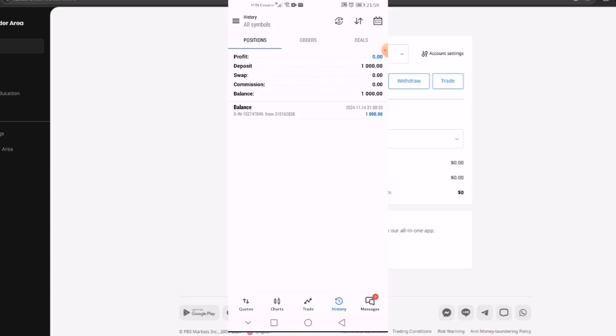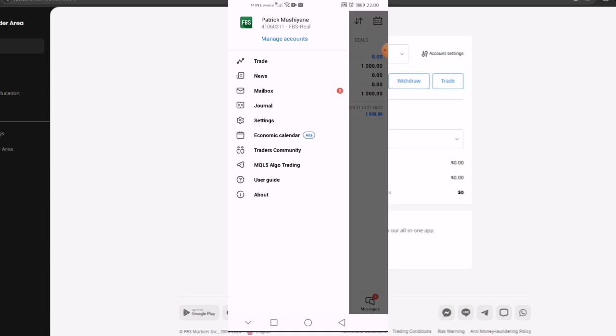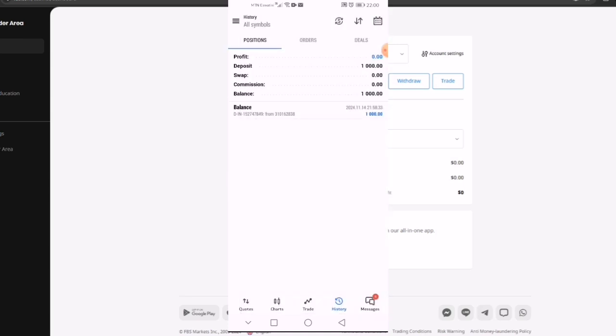Let's go to history. So this is today. This is the deposit that I have made, and you can check the account number. You can see it's 1,000 that I have deposited. It's 410-60311.